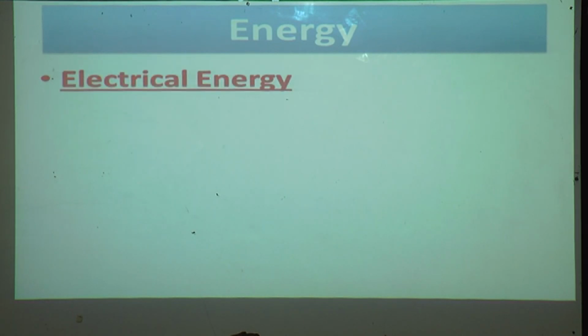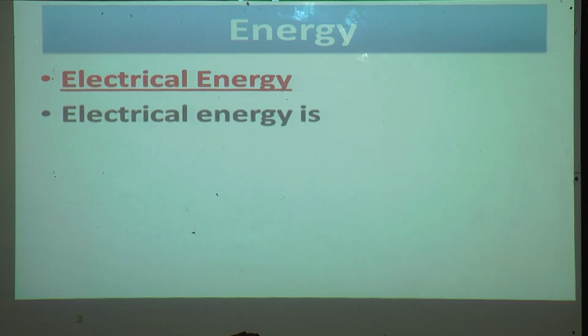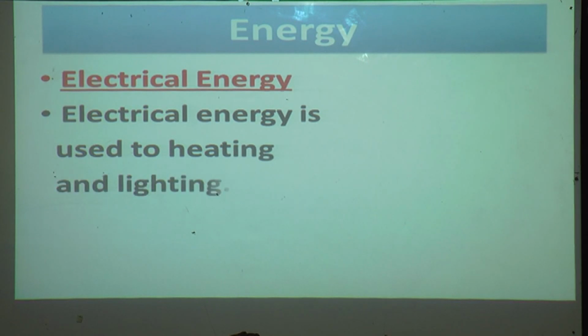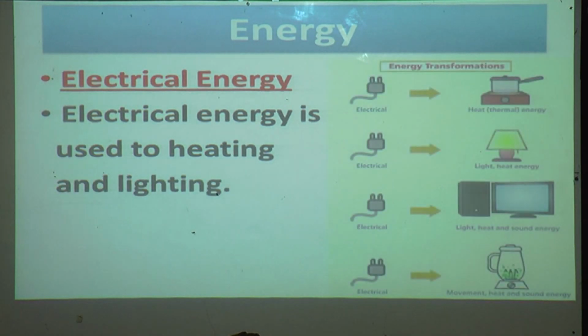Now we'll see electrical energy. Electrical energy is used for heating and lighting. Yes, we use electrical energy for many purposes. Electrical energy can heat a pan or vessel.